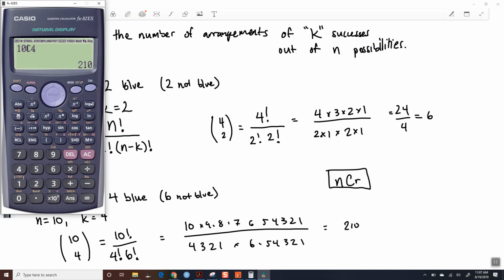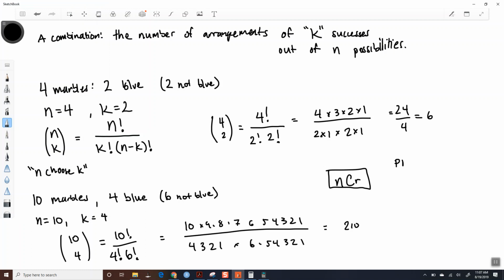If you've got a Texas Instruments calculator, you'll probably need to click something like PRB. You might have to hit a math button and then use the arrow keys to get to the PRB section. After you hit PRB, you'll probably see nCr.